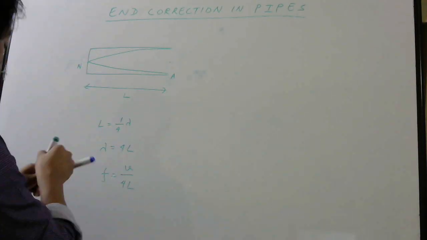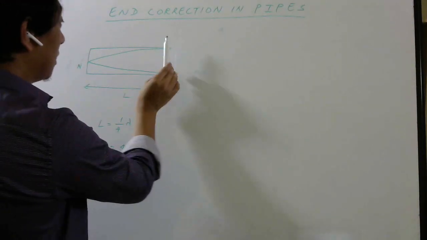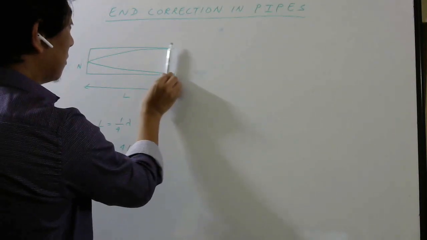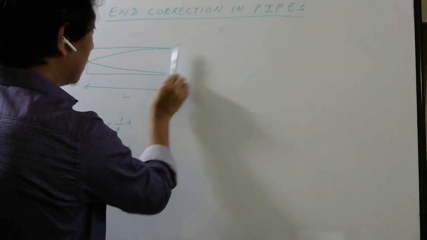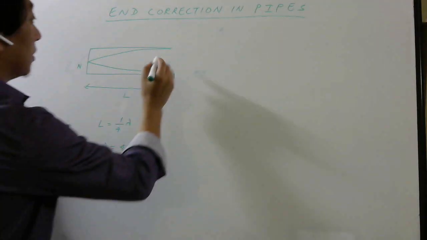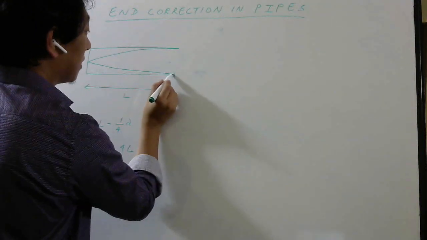The reason is, since this end is open, the air molecules, while vibrating, will go much beyond the length of this pipe. So the shape of the waveform will slightly go outside this.